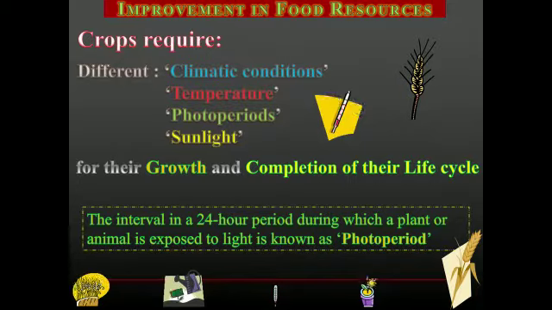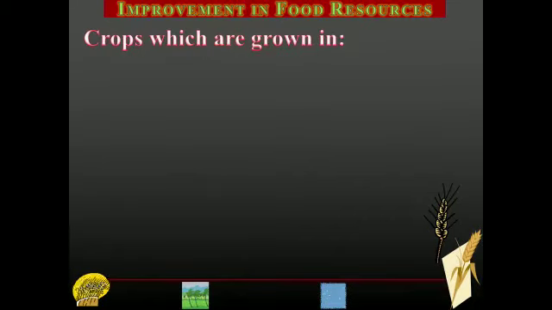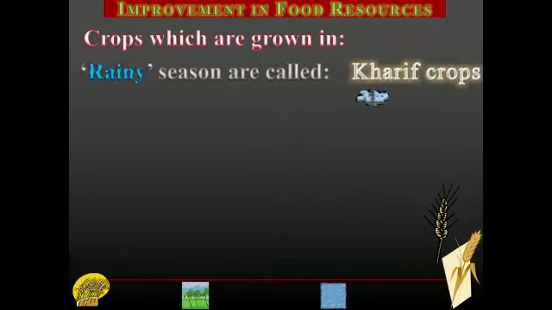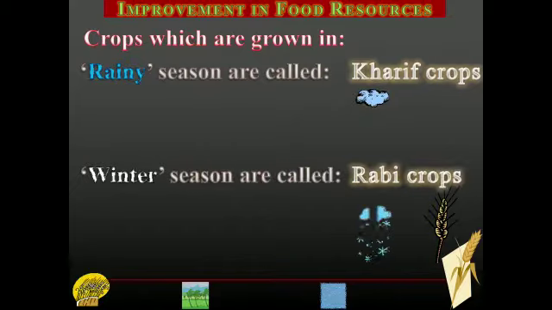Now, if we talk about the seasons, then I think you all know that crops grown in the rainy season are known as kharif crops. Whereas if the crops are grown in winter season, then they are called rabi crops.